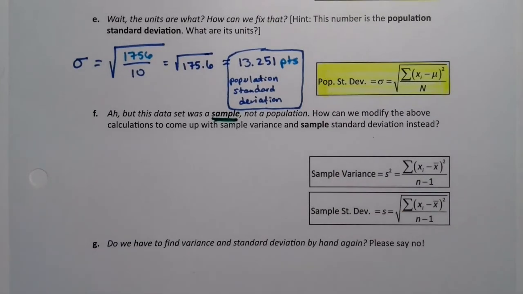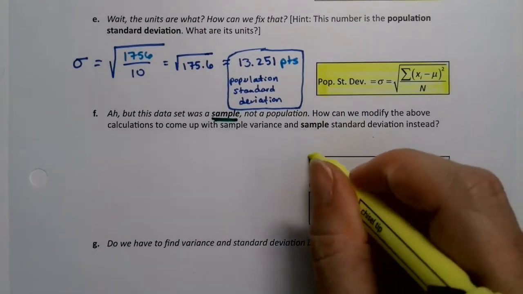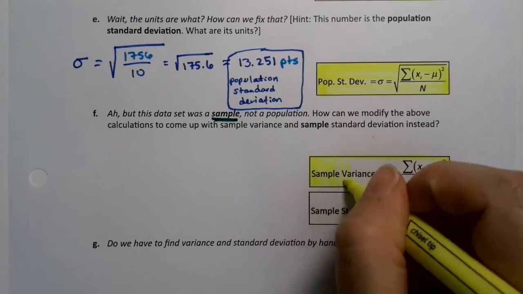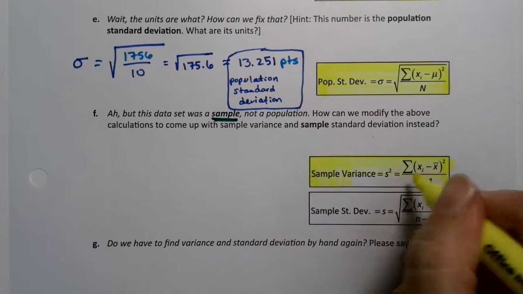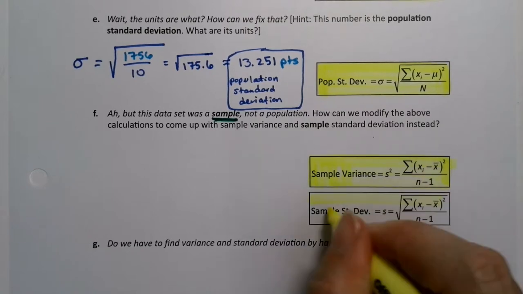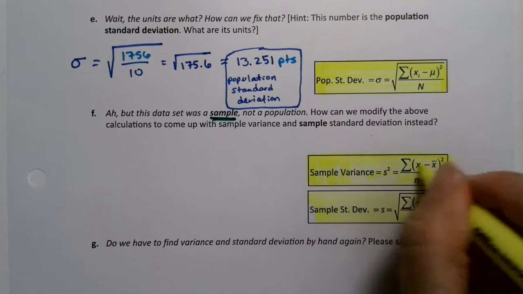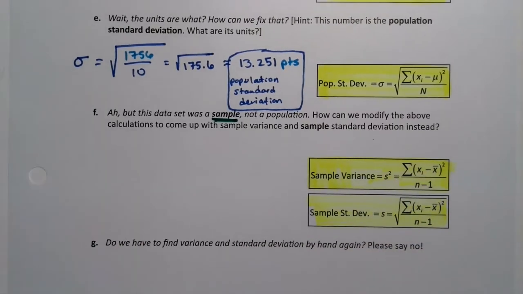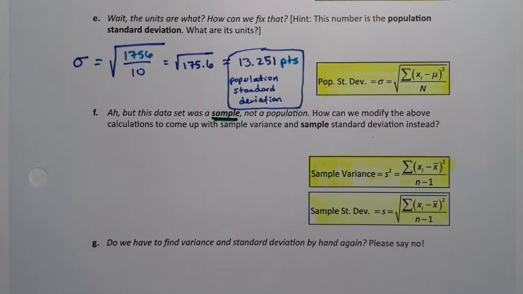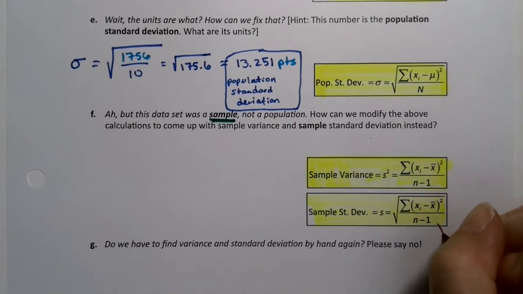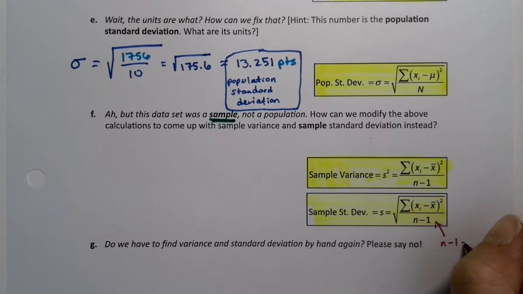Well, what you do is instead of dividing by n, which was 10 in our case, you would divide by n minus 1, which in our particular example means we would divide by 9. Right? That turns it into a sample. I don't want to get too into the weeds about why that works, but it does. And I will tell you that that little n minus 1 is called degrees of freedom, and we'll talk more about that later.